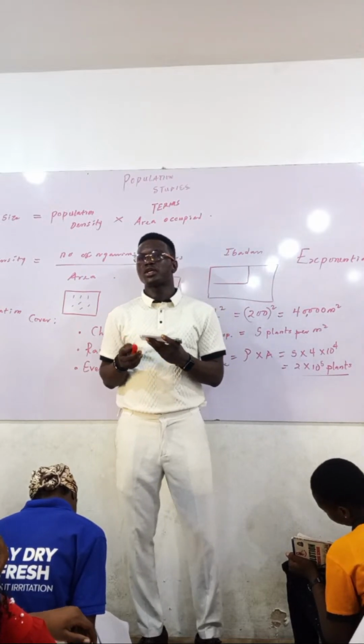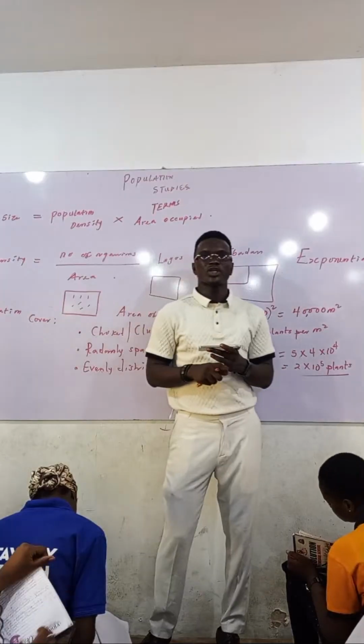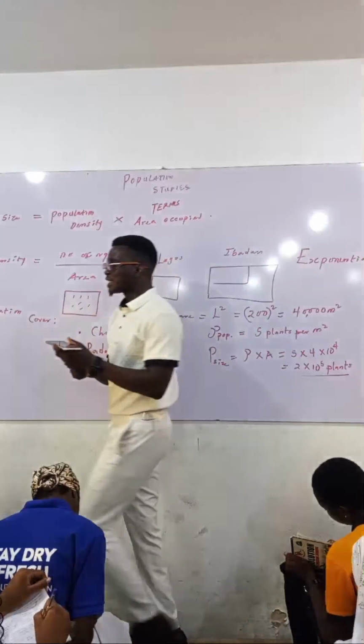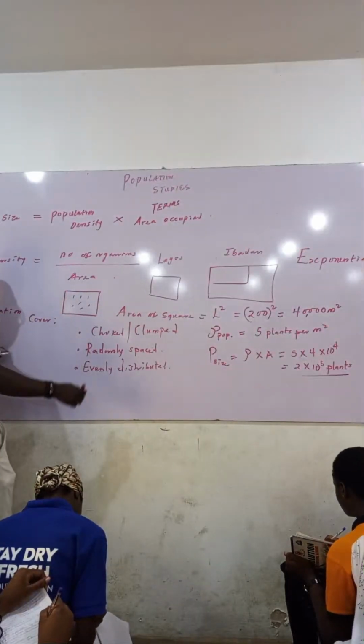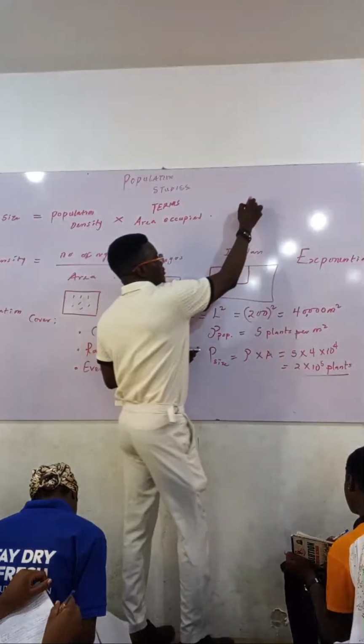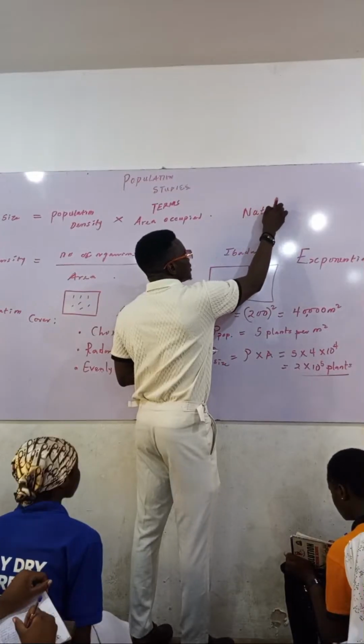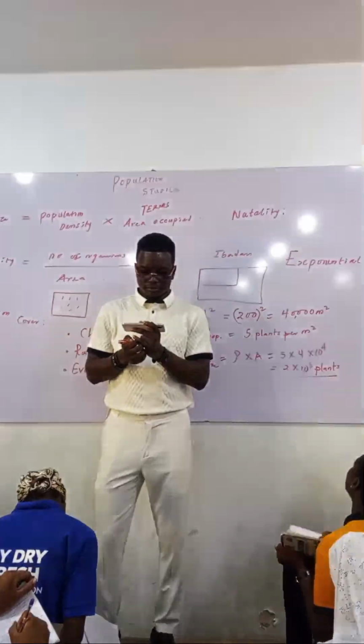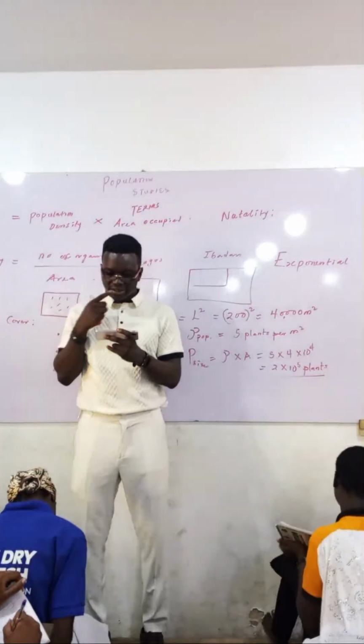Maybe you should explain. Factors affecting population growth. Number 1, natality. What's natality? This is known as the birth rate.